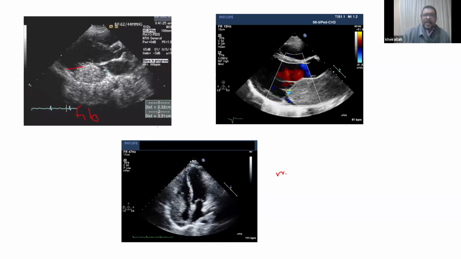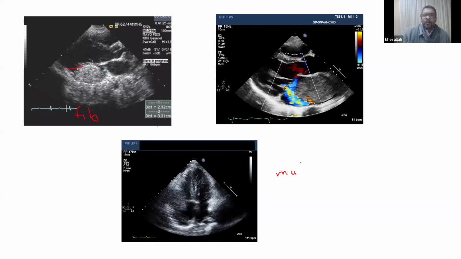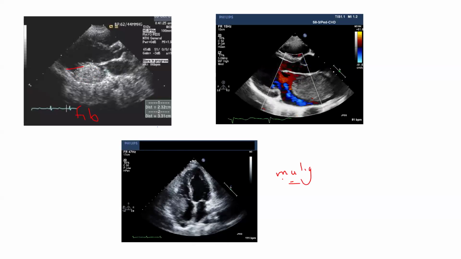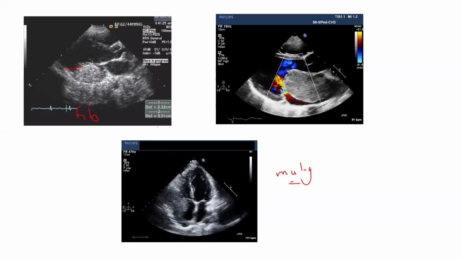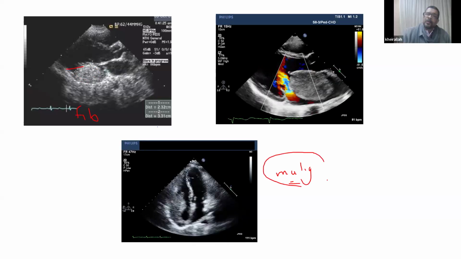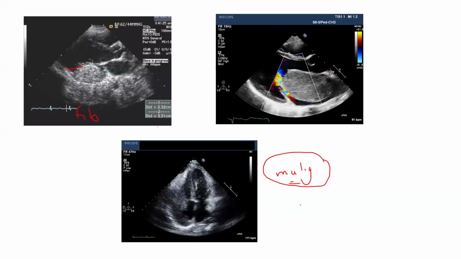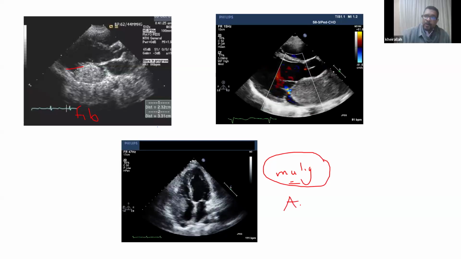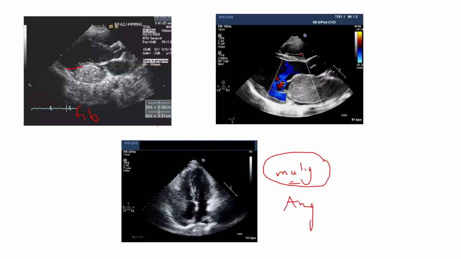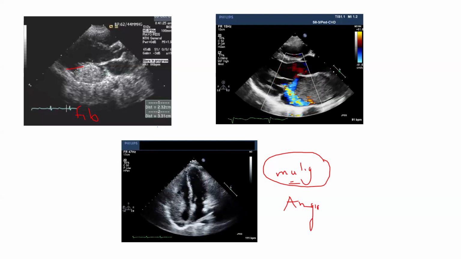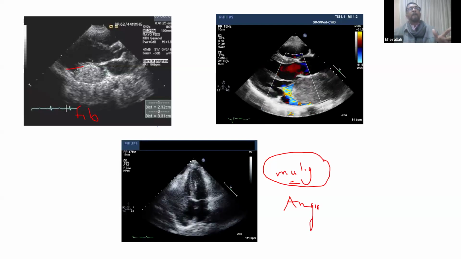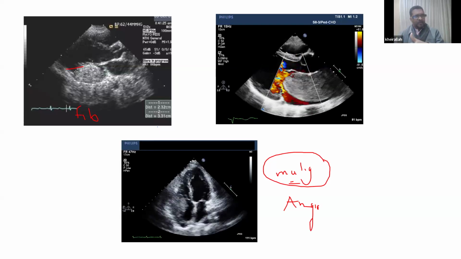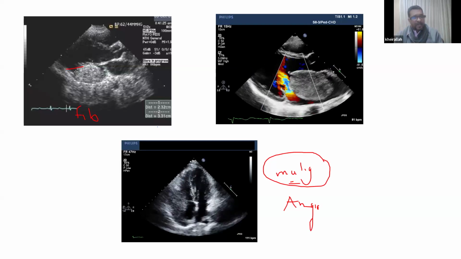This is malignant. So what is it? The most common primary malignancy of the heart is what? Angiosarcoma. Yes. Of course, the most common malignancy of the heart is metastases, but the primary malignancy of the heart is angiosarcoma.